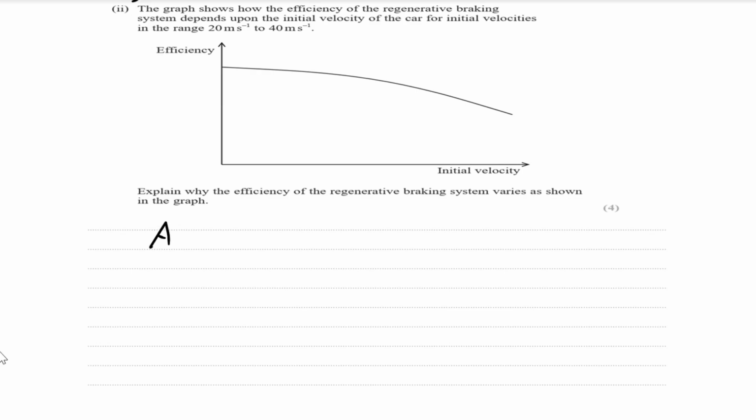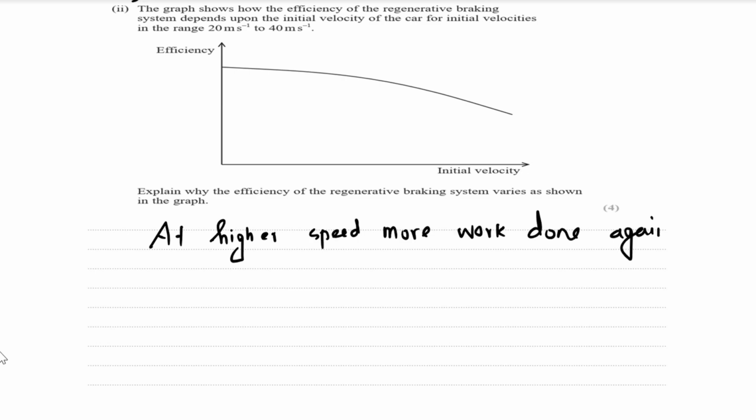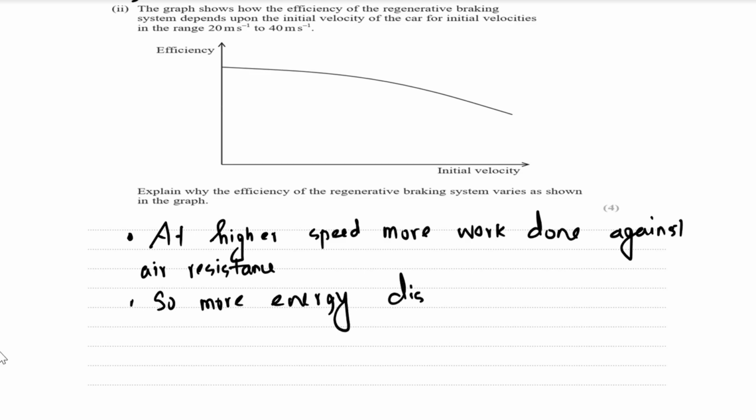So at higher speed, more work is done against air resistance. So more energy is dissipated.